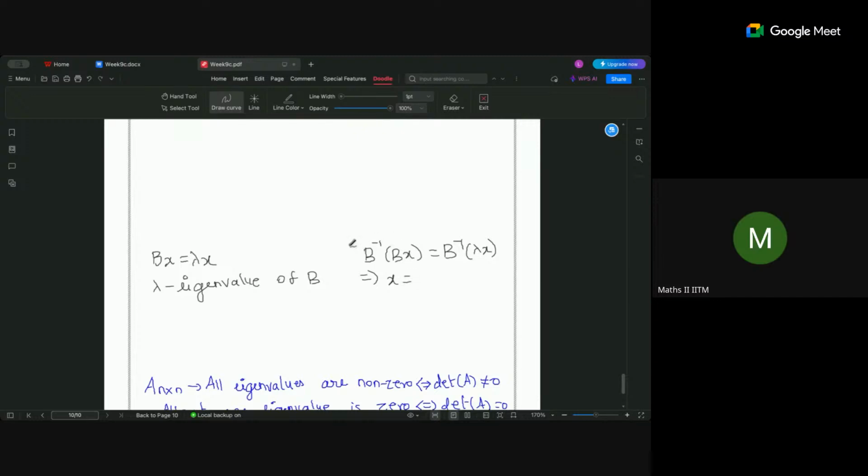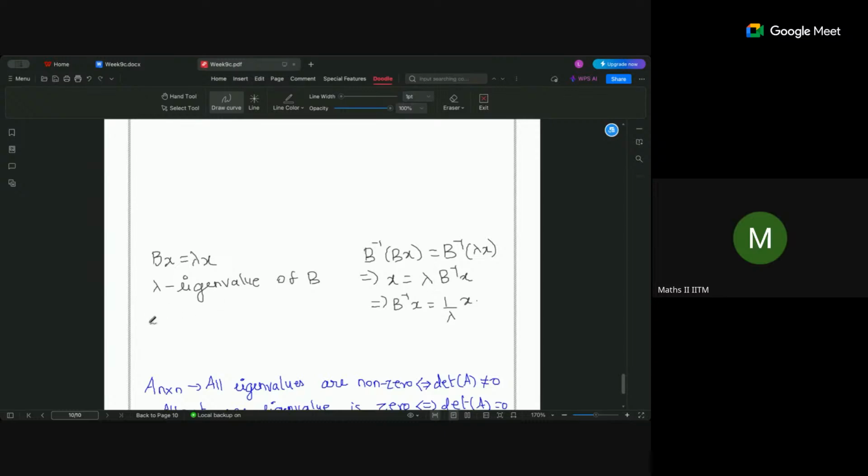This is identity, so you simply get x is equal to lambda B inverse x. So rewriting, you get B inverse x is equal to 1 by lambda x. So what does this equation mean? Can you tell? What does this equation mean? 1 by lambda is an eigenvalue corresponding to B inverse.